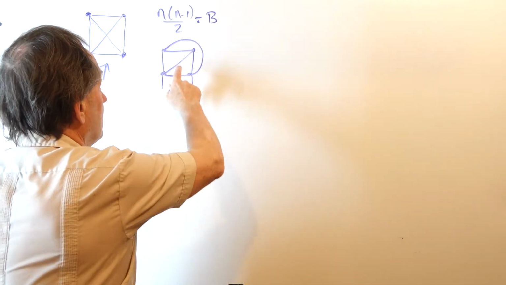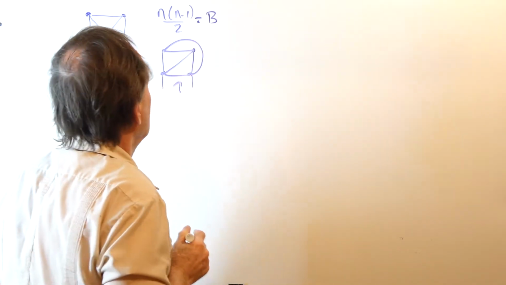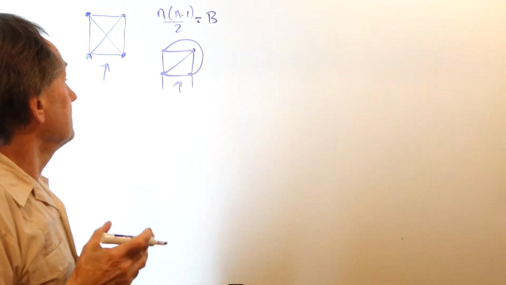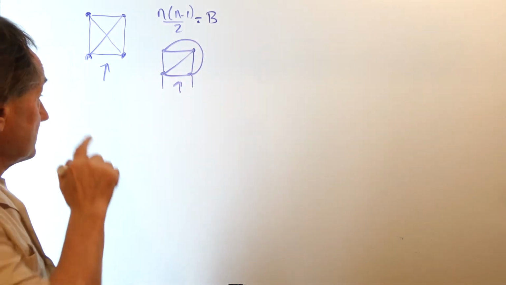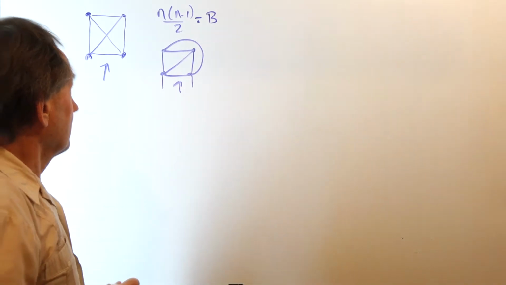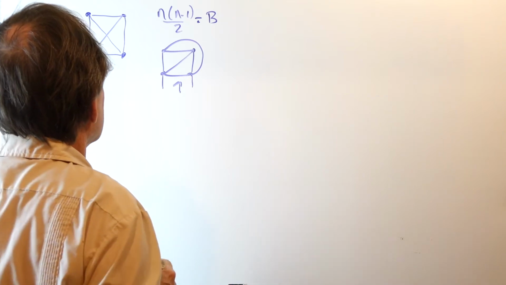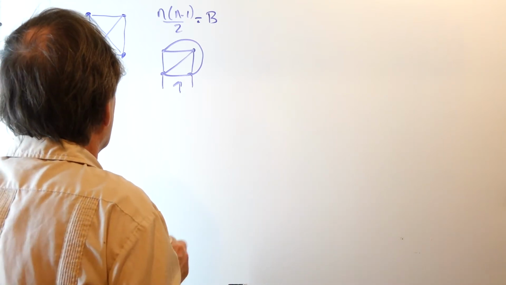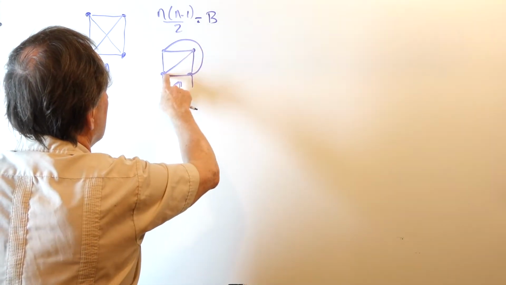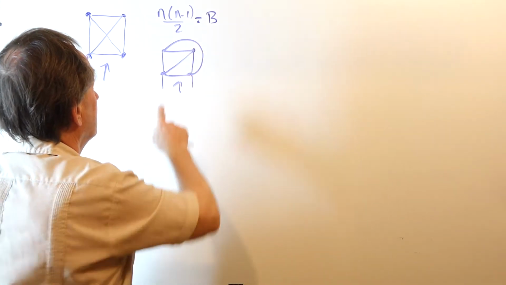And we can reduce this down by using delta Y and Y delta connections. And the way I would do that is we can choose, let's say, this as a Y connection.